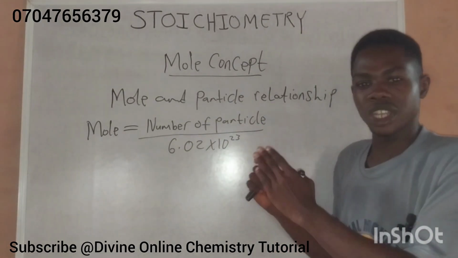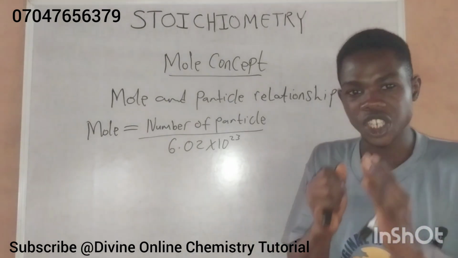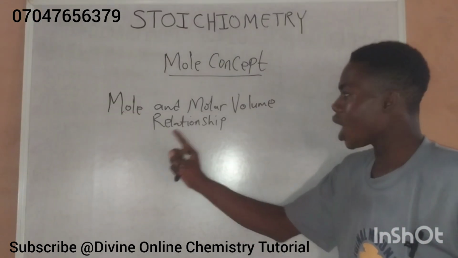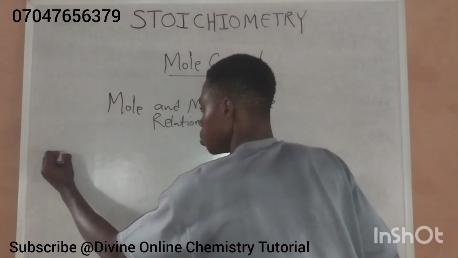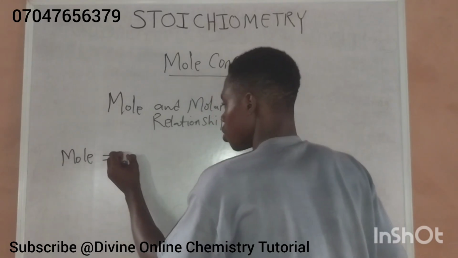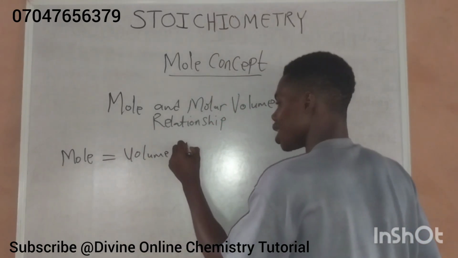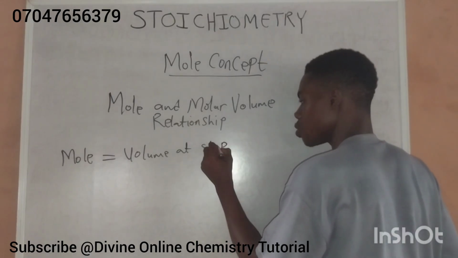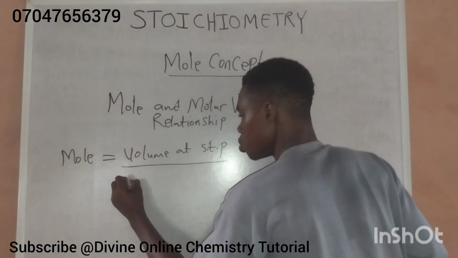Now, the last relationship that we're talking about is the mole and molar volume relationship. Under mole and molar volume relationship, we have mole equal to volume at STP divided by molar volume.